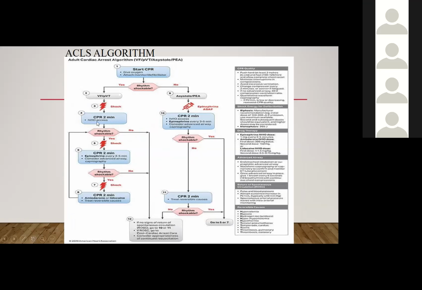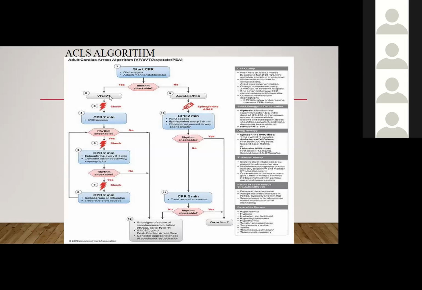You continue your oxygen, you set your IV line, then you shock. Okay. Basically, if you shock and then it doesn't work, you do CPR, you give adrenaline, 3 to 5 minutes, you shock. Do you get it? And then if that one also doesn't work, you continue CPR and then you give amiodarone.